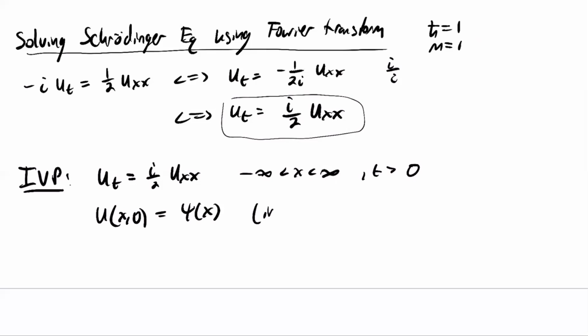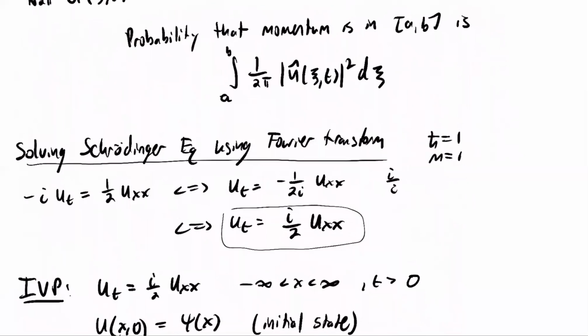So this is your initial state. In terms of physics, this function is also interpreted in terms of probabilities. This is like the initial position of your particle, but there's still a probabilistic interpretation, in the sense described above.